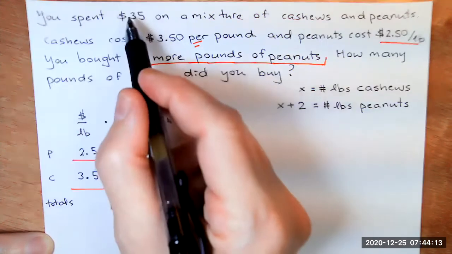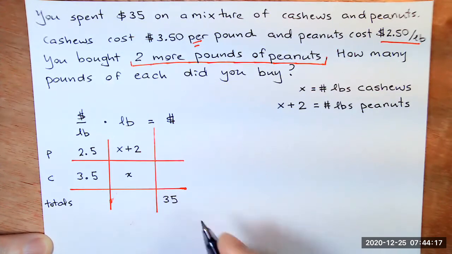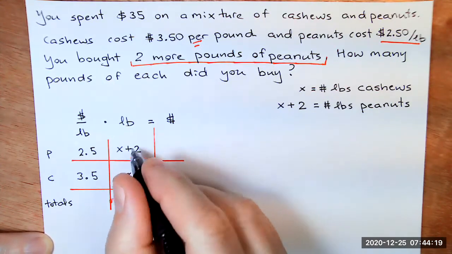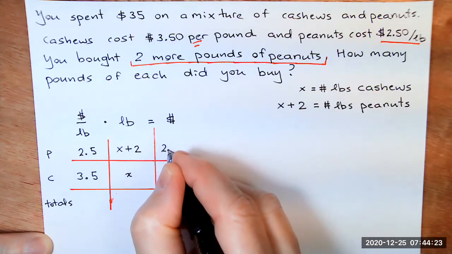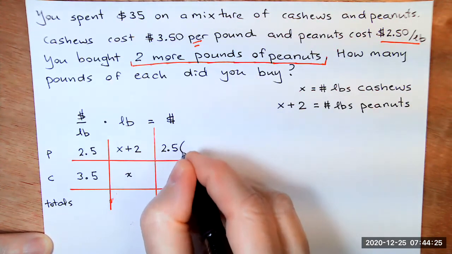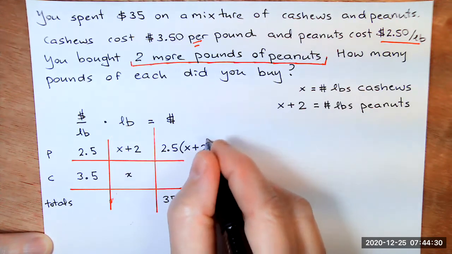And I know the total dollars for both is 35. So multiplying, 3.5 times X, and X plus 2 times 2.5. Don't forget to use parentheses when you're multiplying by an expression containing plus or minus.